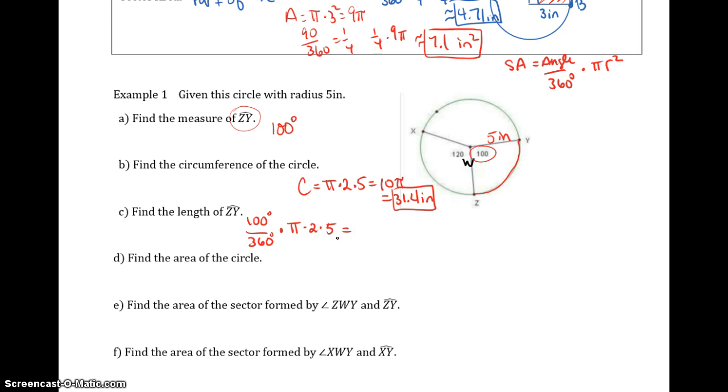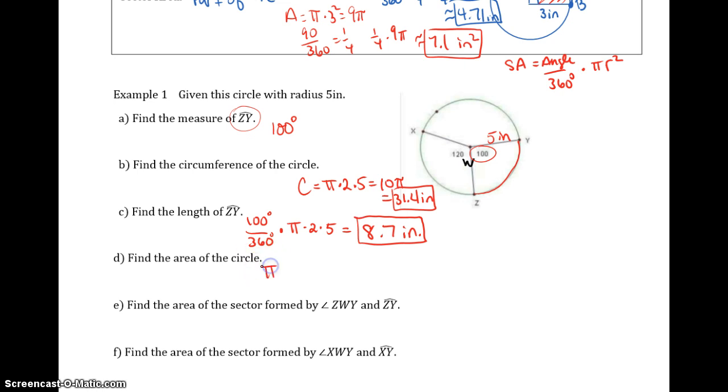So if we type that into the calculator, we would do 100 divided by 360 times 3.14 times 2 times 5. We should get about 8.72. And that's in inches. And if you wanted to pause it and try to type it into your own calculator just to make sure that you can get the same thing I do.